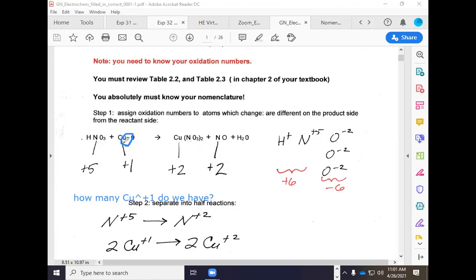We have 2. What about the one on the right side? We're not done. We're going to be balancing, but we can do a little bit of balancing here because we know we have 2. So if we have 2 here, then we'll put 2 here. We're doing a little bit of balancing, but we're not done. Does that answer your question? Yeah. Okay.